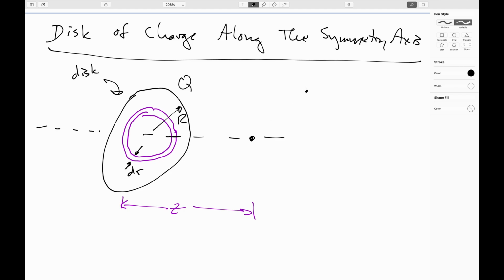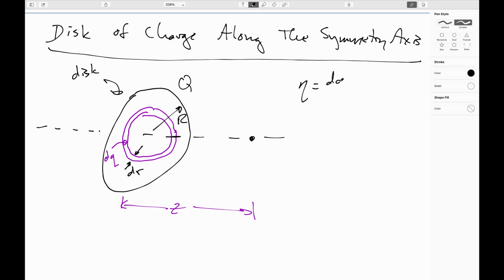So now we're going to need to do a surface. Ultimately here, what we're going to integrate over is the radius. So we would like to get an expression for dq in terms of dr. And we'll start by looking at the surface charge density. We know that we have sitting on this ring right here some differential charge dq.